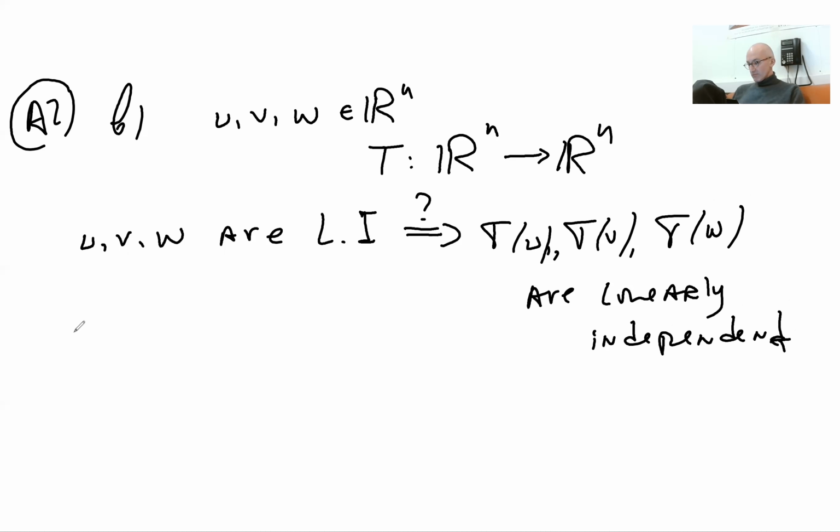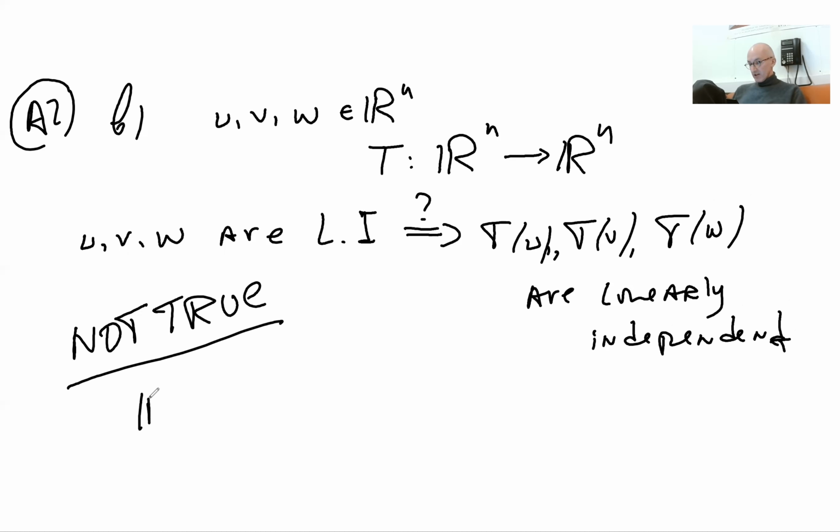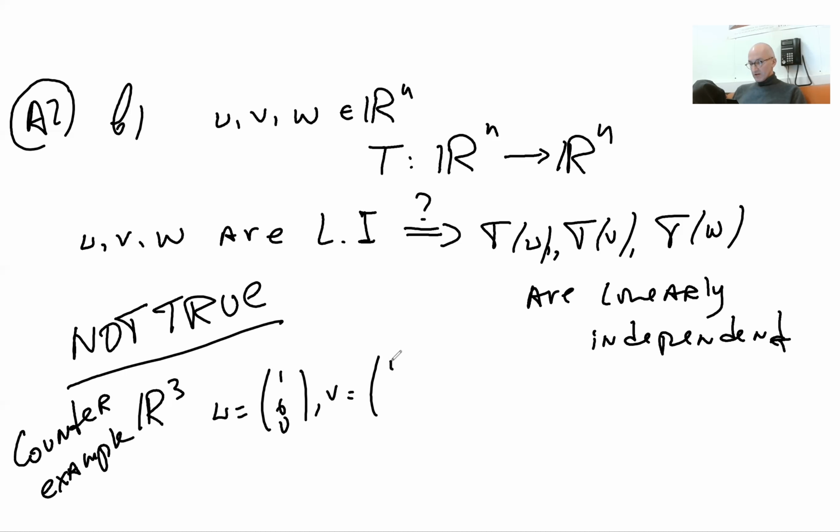No, this is not true. Why? With the simplest example, take R3. Basically we construct a counterexample. Take u to be (1, 0, 0), v (0, 1, 0), w (0, 0, 1). That's a linearly independent set of vectors.